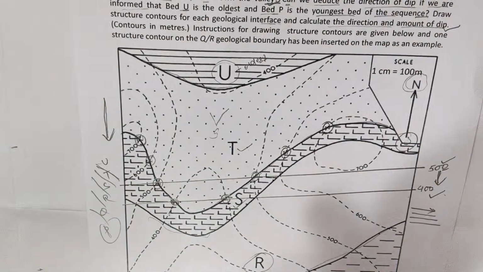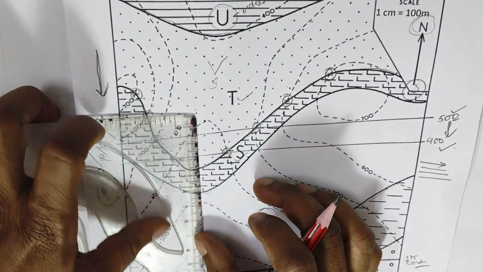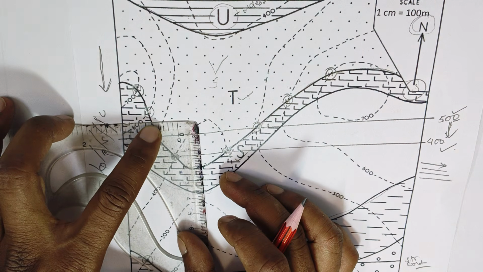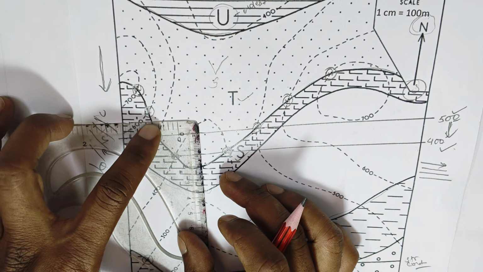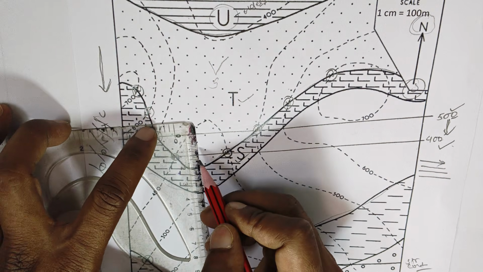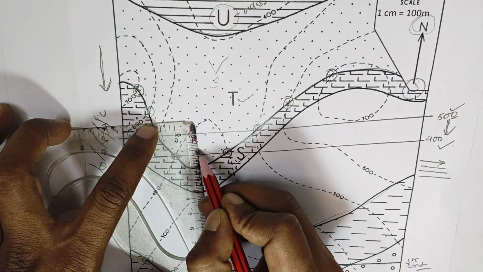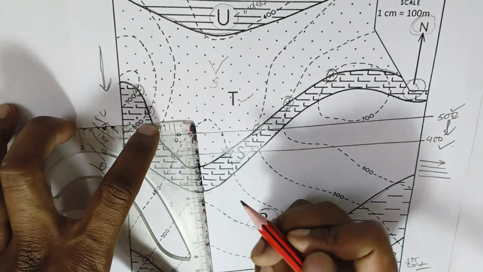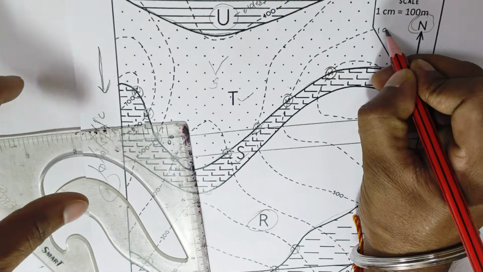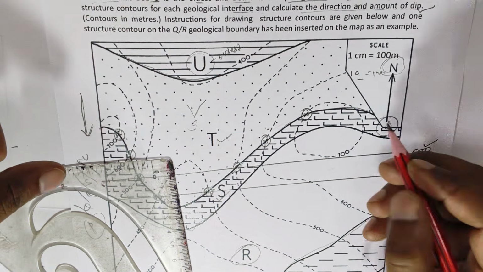For the horizontal equivalent, we measure the distance between these 2 contours. It is approximately 1.3 centimeters, and the scale given is 1 centimeter equals 100 meters.